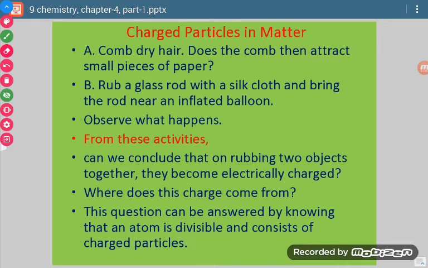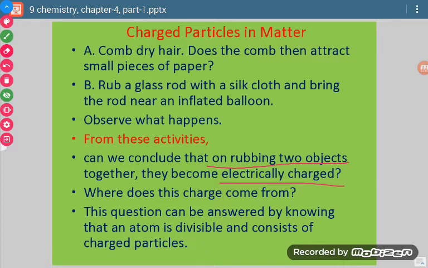So on the basis of these observations, we can come to a conclusion that when we rub two objects, then they become electrically charged. So when I rubbed my comb with dry hair, there was development of charge. Similarly, when I rubbed this glass rod with silk cloth, there was also development of charge.